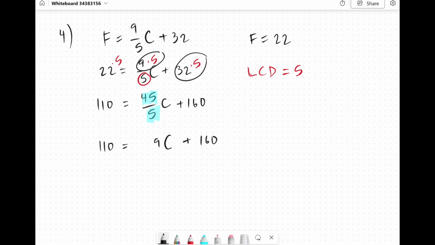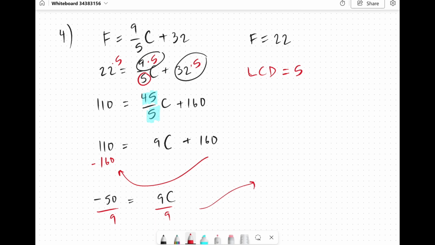Now I'm going to remove addition away from the C through subtraction. 110 minus 160 is negative 50 equals 9C. And then I'm going to divide both sides by 9.